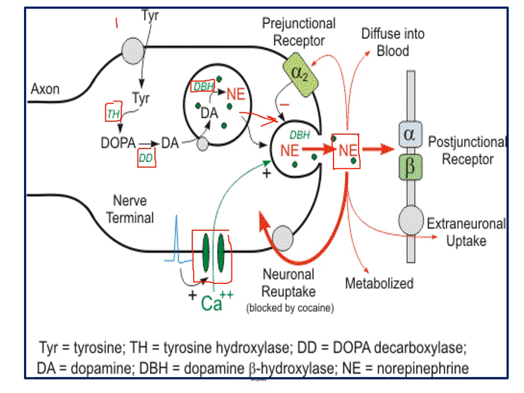And after completing this action, norepinephrine is taken back either through the presynaptic neuron, called uptake 1, or taken into extraneuronal tissues, called uptake 2. In these different sets of tissues, it is eventually metabolized. In the presynaptic tissue, it is metabolized using monoamine oxidase, whereas in the extraneuronal tissues, it is metabolized using catechol O methyltransferase.